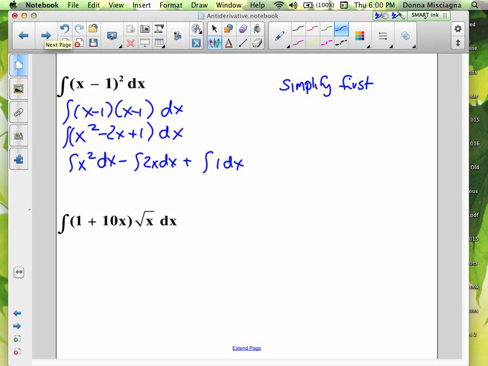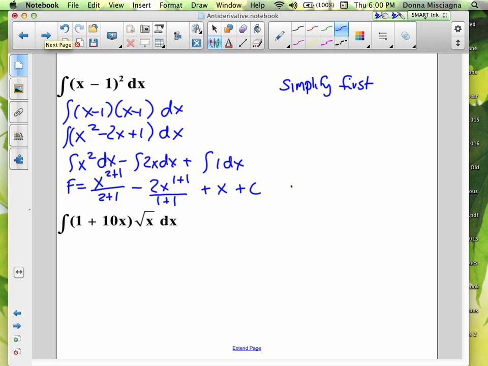And so we would have as our integral, and that's our original function, plus or minus a constant, would be x to the 2 plus 1 divided by 2 plus 1 minus 2x to the 1 plus 1 divided by 1 plus 1, and then plus x, and then plus our constant of integration.